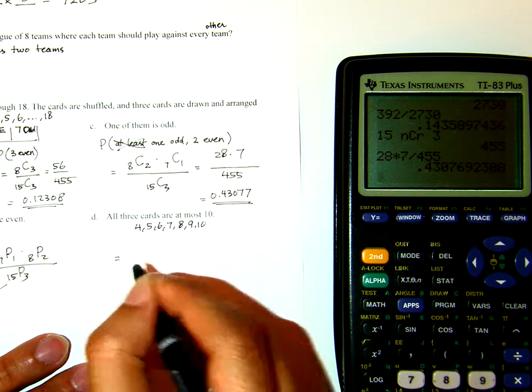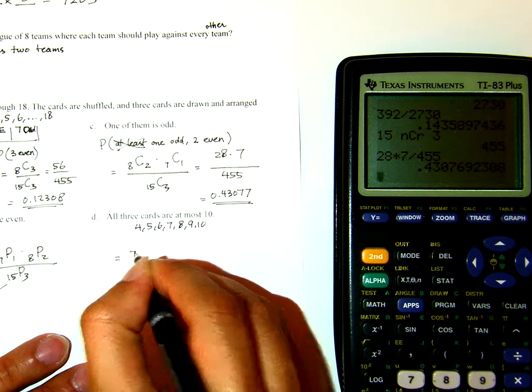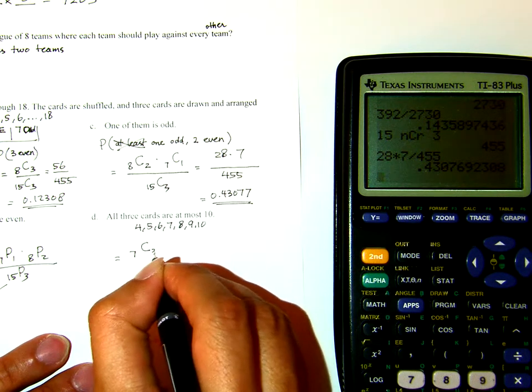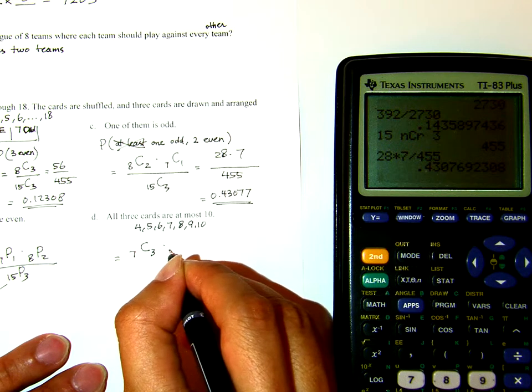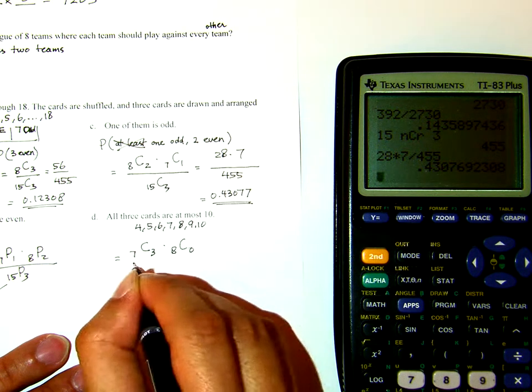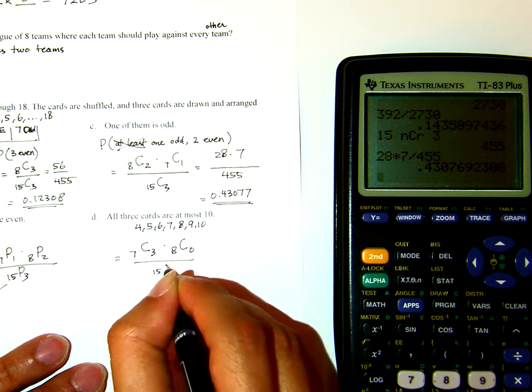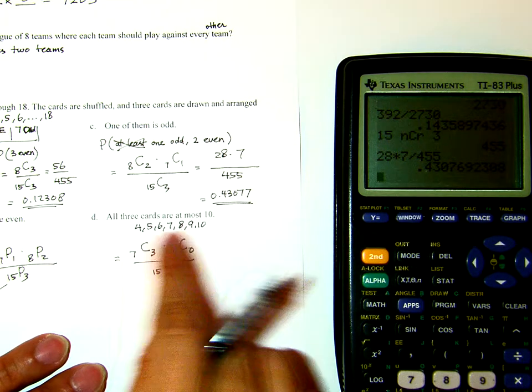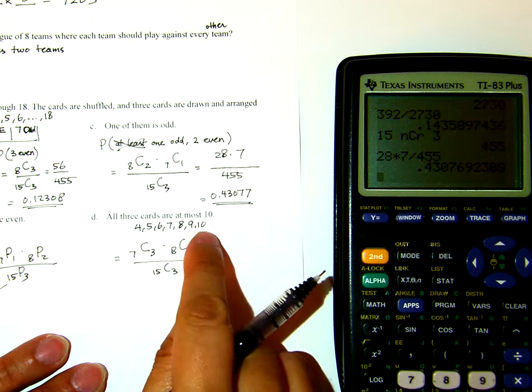In other words, you have 7 cards which are at most 10, you choose 3 of them, and of those greater than 10, you choose nothing, over 15 choose 3. Notice that the order doesn't matter again. It doesn't matter which one comes first as long as it is at most 10.